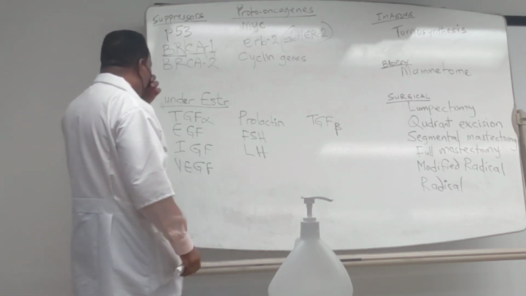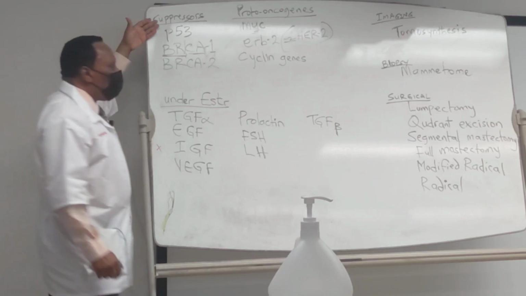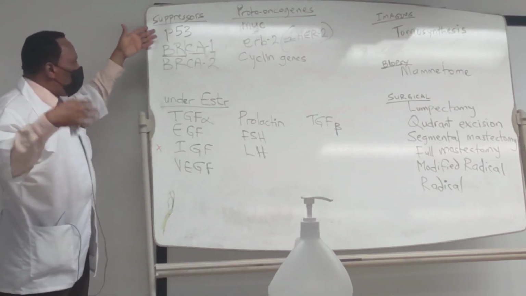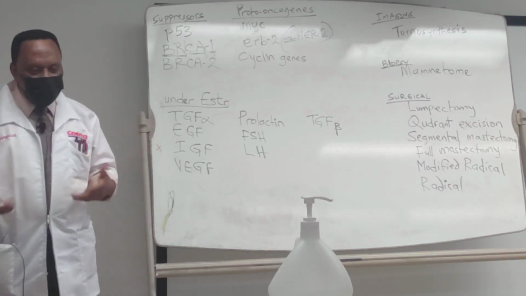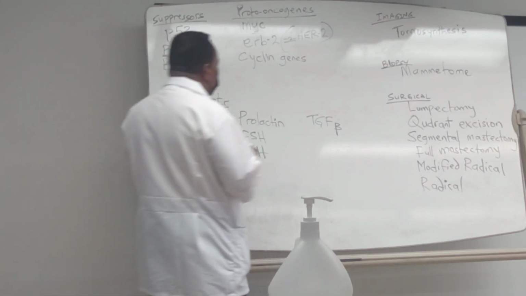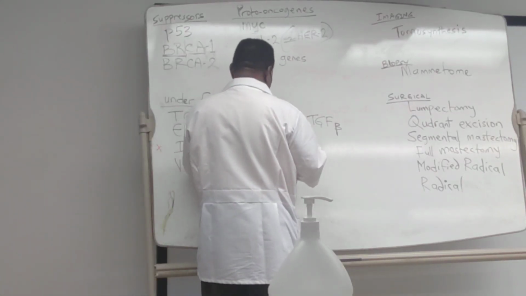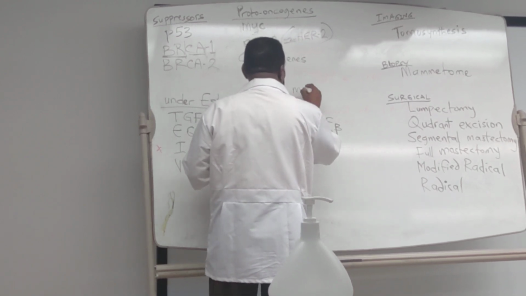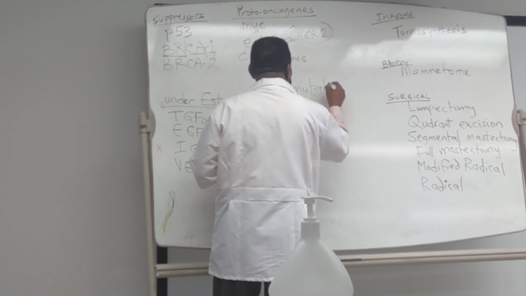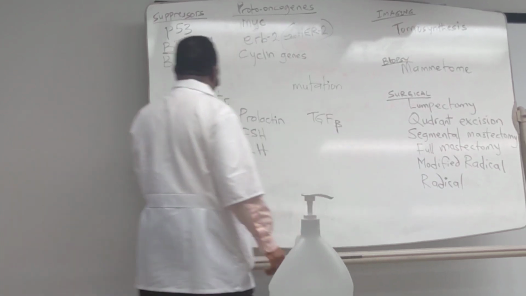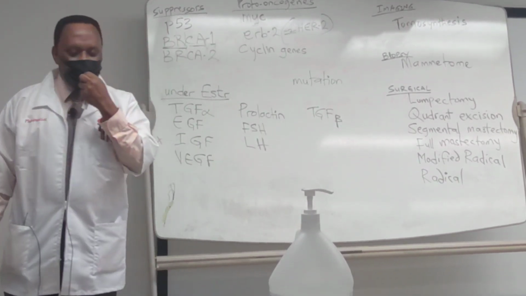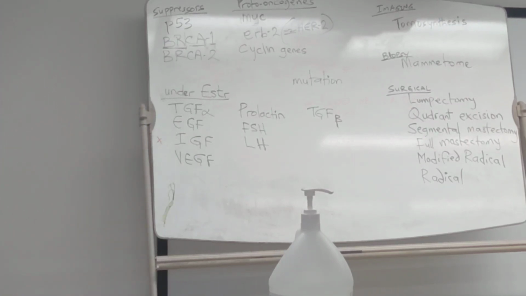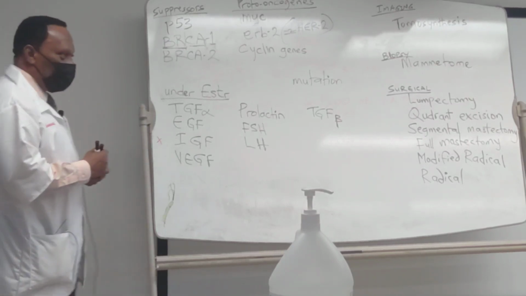Okay. So if you have a decrease, or if you have a malformation, in which case we will say mutation, so if you have a mutation of your suppressor genes, then the chances of breast cancer developing will be increased.